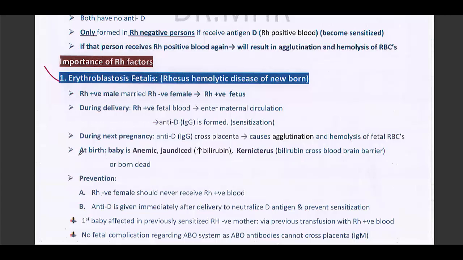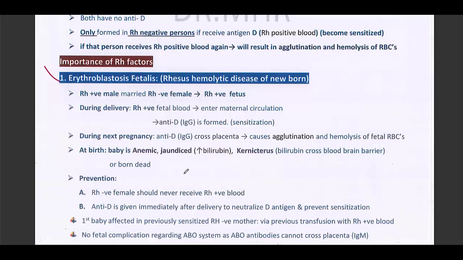So, the positive fetal blood enters the maternal circulation, and anti-D is formed inside the mother's circulation. In the next pregnancy, the anti-D which formed before crosses the placenta.